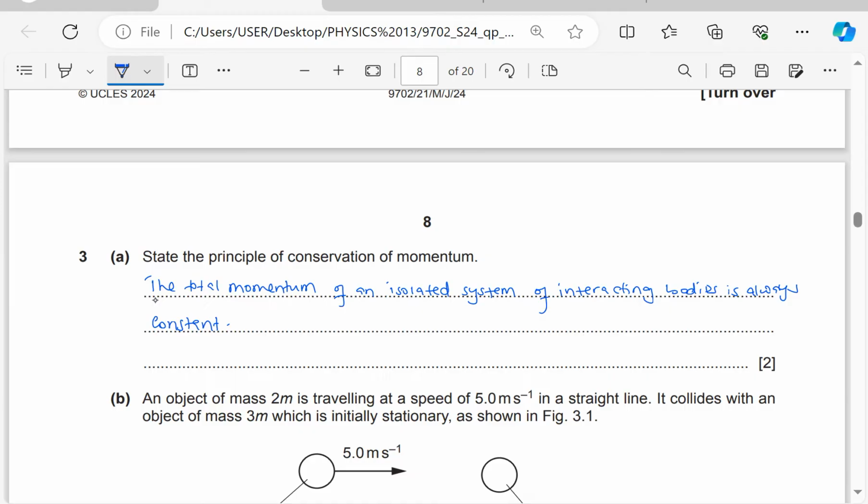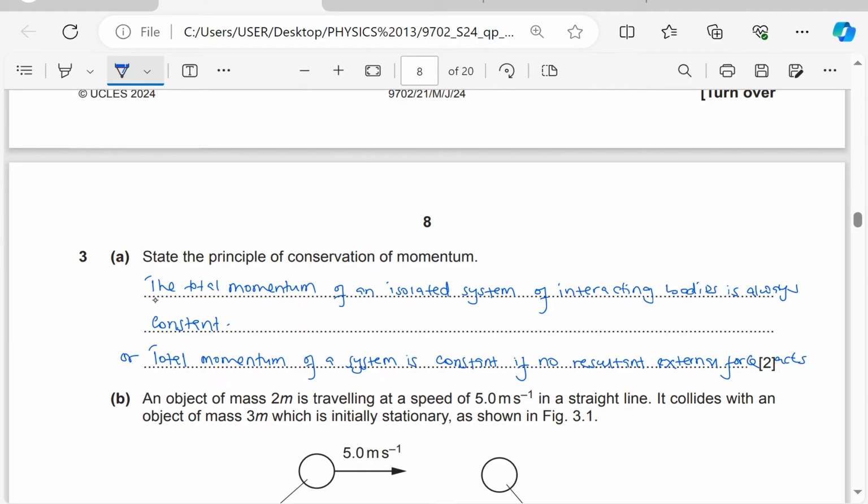Alternatively, if you're not good at stating such a statement, you could say the total momentum of a system is constant if no resultant external force acts.